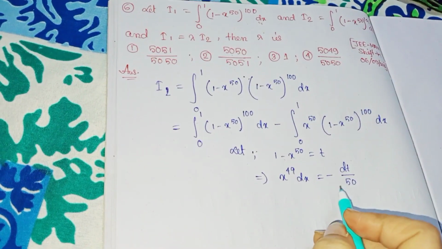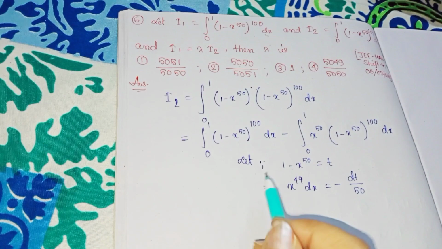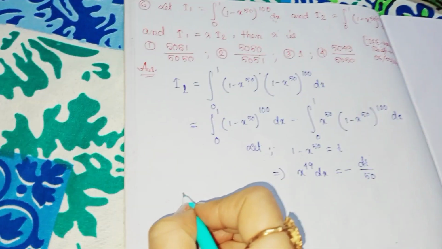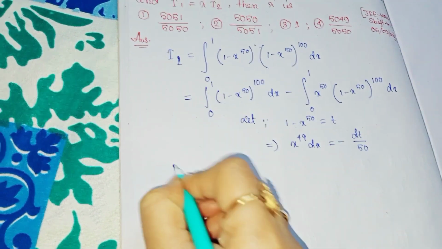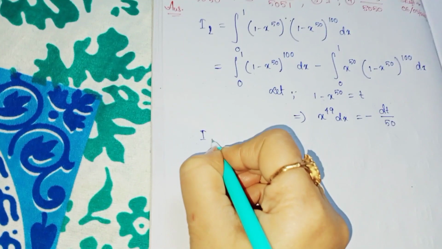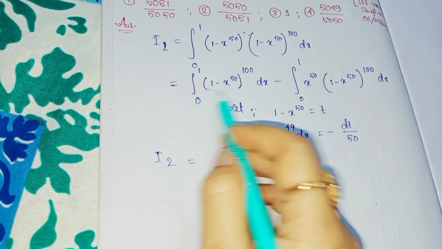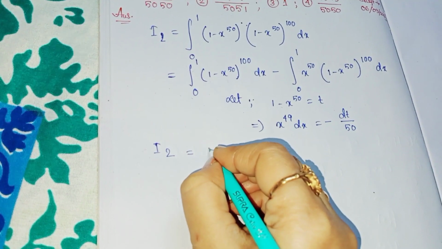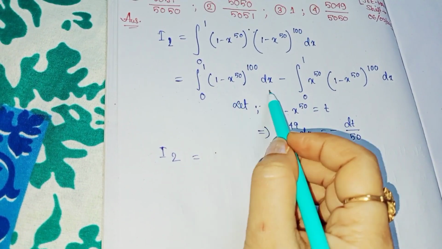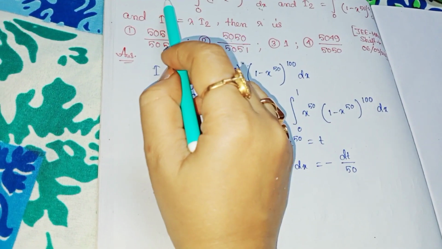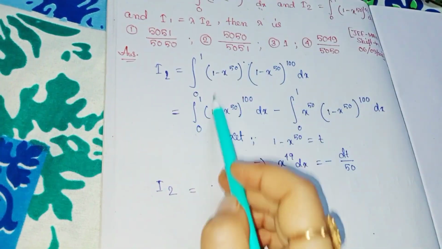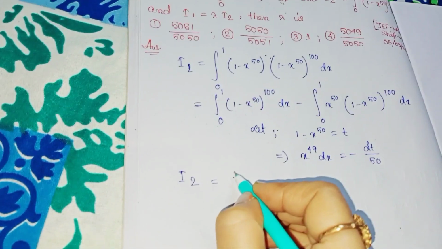Now putting this value in these equations, here we get I2 is equal to the integral. Here this is the value of I1, as I1 is equal to the integral from 0 to 1 of this.